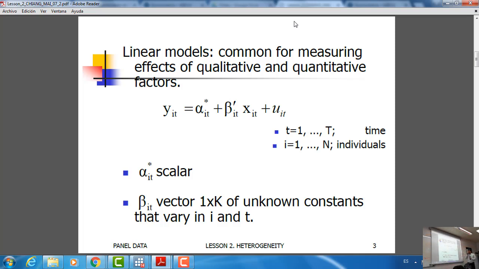That is way too many. So typically, would the situation up here be a lot of heterogeneity or a little? A lot of heterogeneity, a lot more than that. However, if we want to use a model that is useful, how many parameters do we have to use? Way too many or just a few?